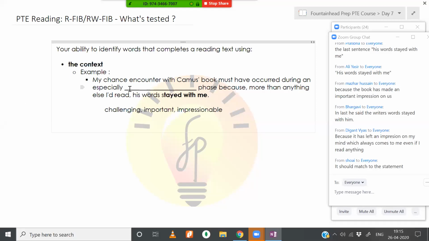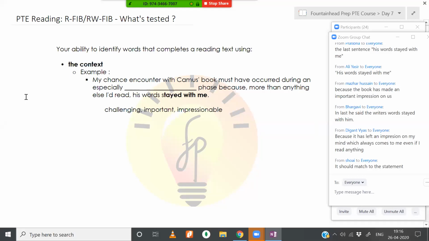So when you say vocabulary, most of the words that you see in these fill in the blanks are something that you must have seen before. It's a very rare case that you will see a lot of words that you have not heard before. All right, so context is important.